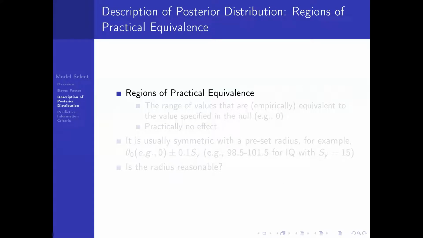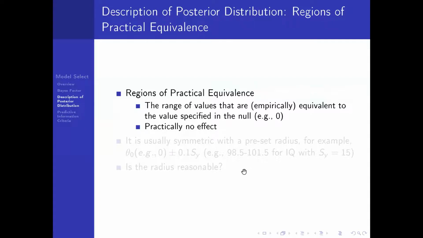Next is regions of practical equivalence. Regions of practical equivalence refers to the range of values that are empirically equivalent to the value specified in a null. So in a lot of cases, the null value is 0, but we argue that with that region, or range, any values falling within that range are practically equivalent to the null value.